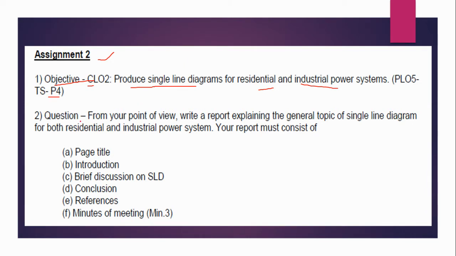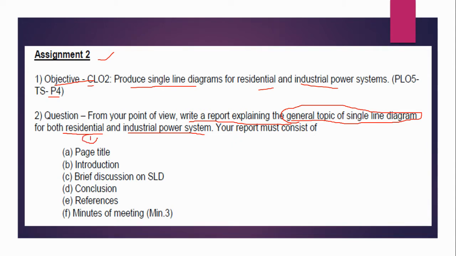So the question asks you, from your point of view, to write a report explaining the general topic of single line diagram for both residential and industrial power system. So you have both topics.